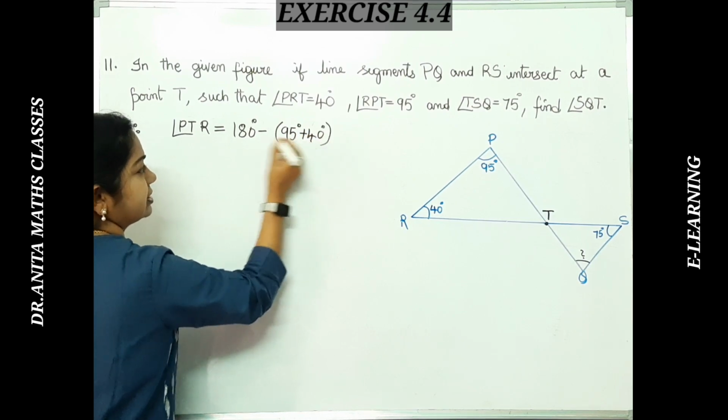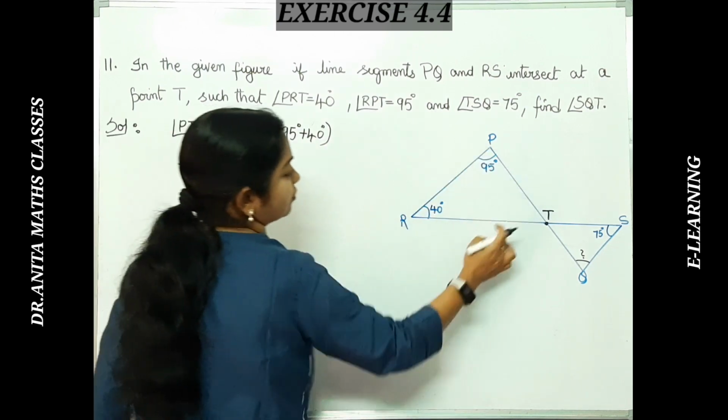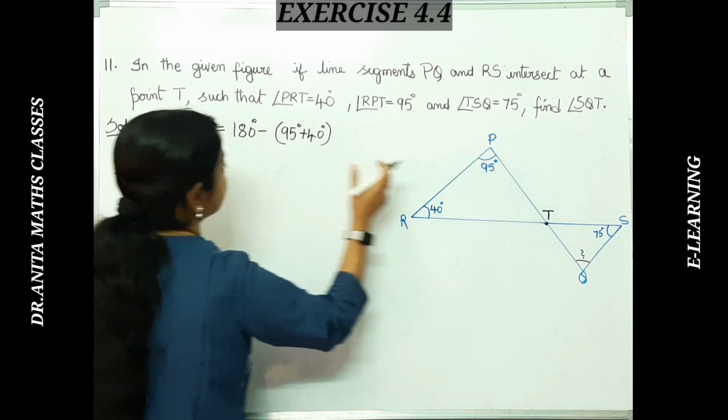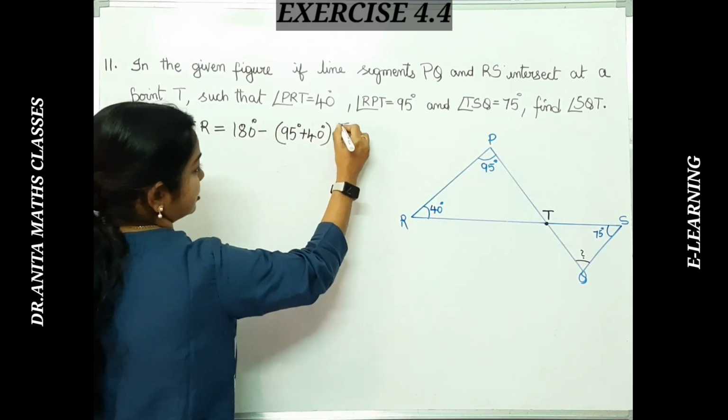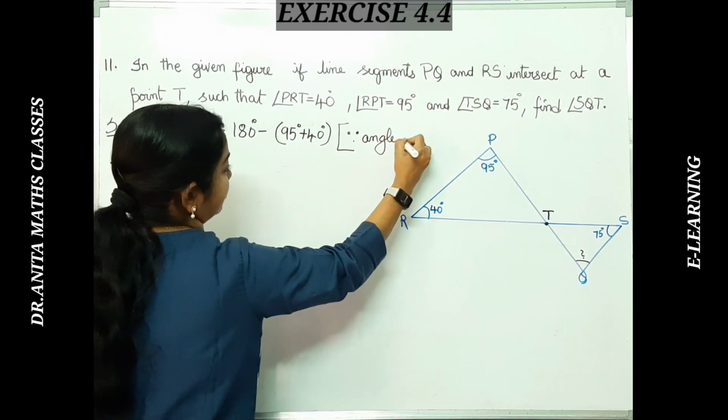Why are we doing this? This is the angle sum property. Three angles are equal to 180. So to find this angle, I subtract the sum of these angles from 180, since angle sum property of triangles.